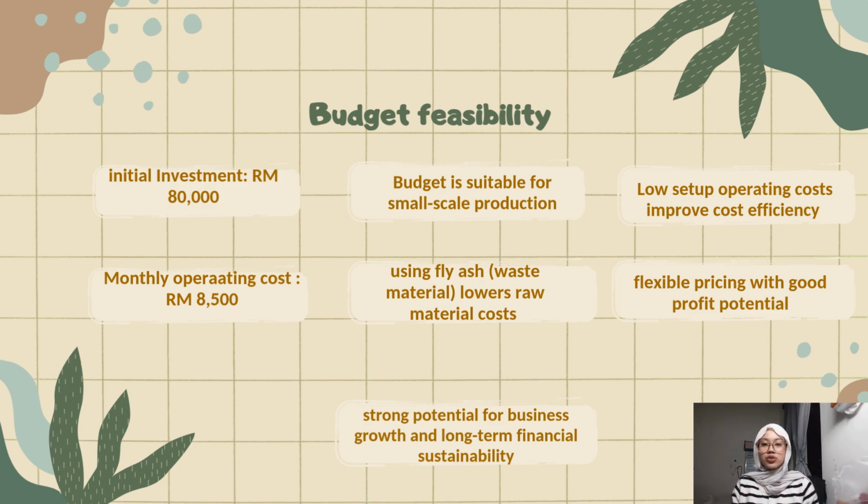This helps reduce raw material cost and also can improve the overall cost efficiency. In addition, the project has a relatively low setup and operating cost, which makes it easier to sustain over the long term. These cost advantages also provide flexibility in product pricing while maintaining good profit potential.